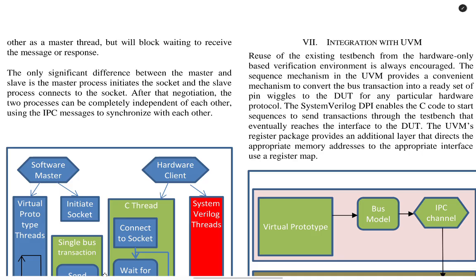The SystemVerilog DPI enables the C code to start sequences to send the transaction through the test bench that eventually reaches the interface to the DUT. The UVM's register package provides an additional layer that directs the appropriate memory addresses to the appropriate interface using a register map.